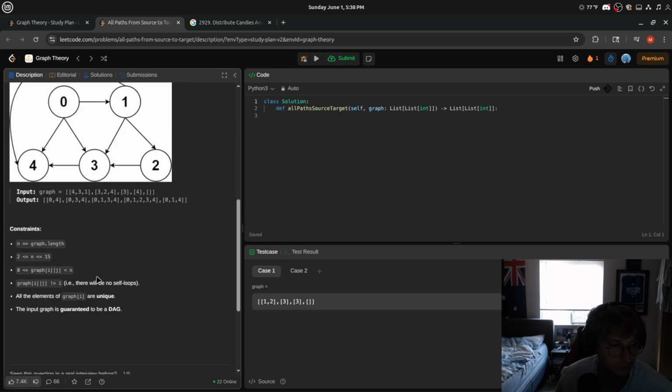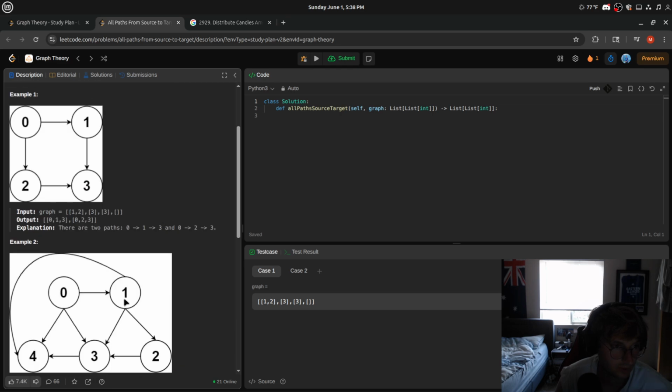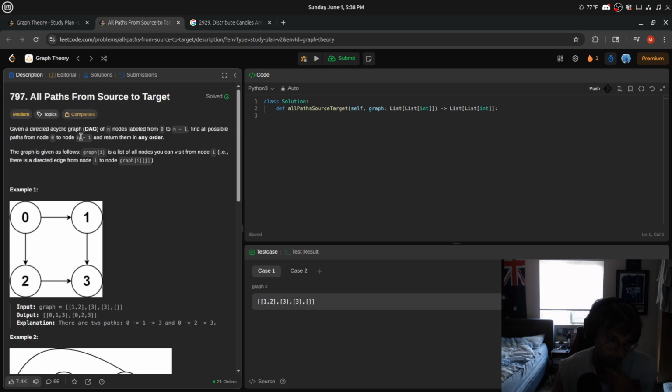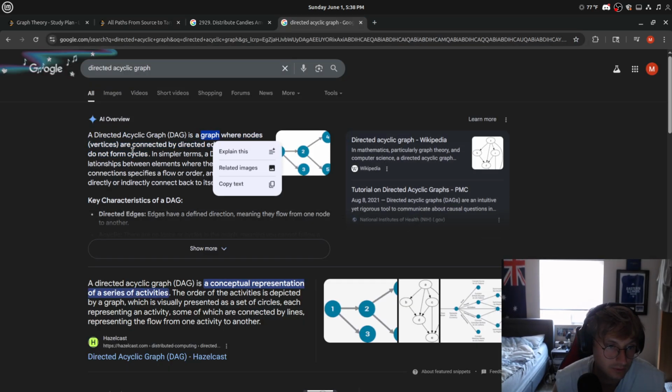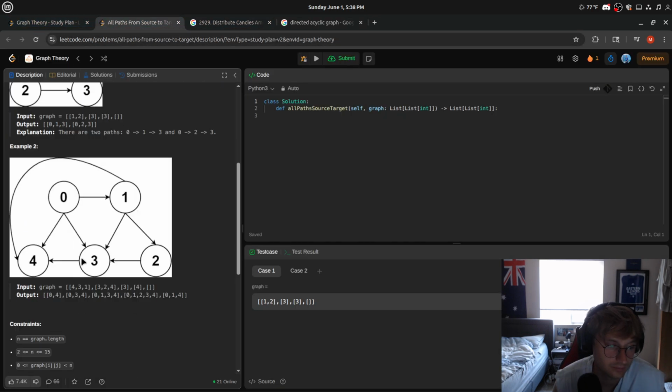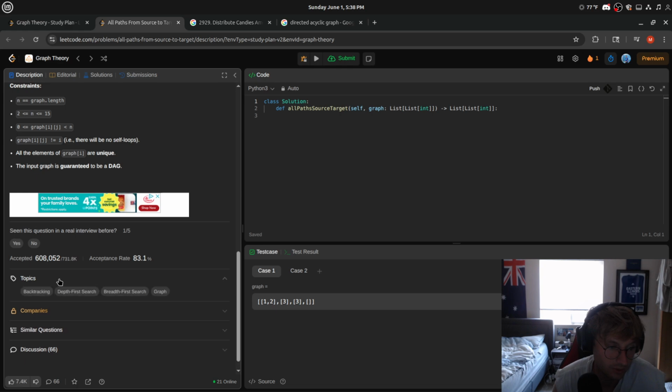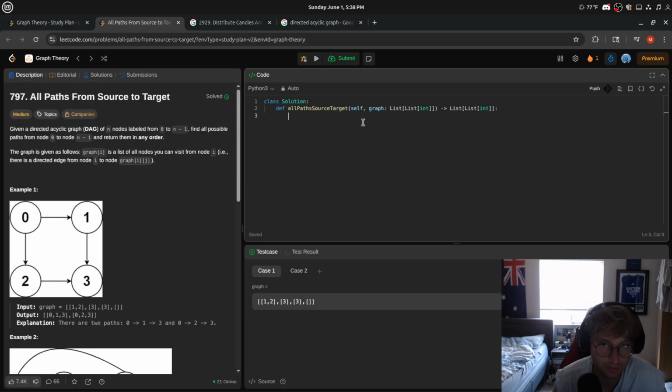Okay, that makes sense. A directed acyclic graph, directed acyclic, that do not form cycles. In simpler terms, a DAG represents a relationship between elements with direction. Okay. My first thought is BFS here, but I think you can use both, to be honest.